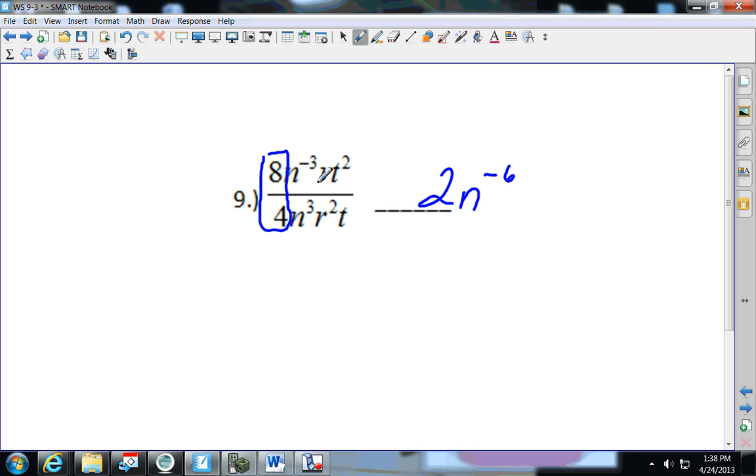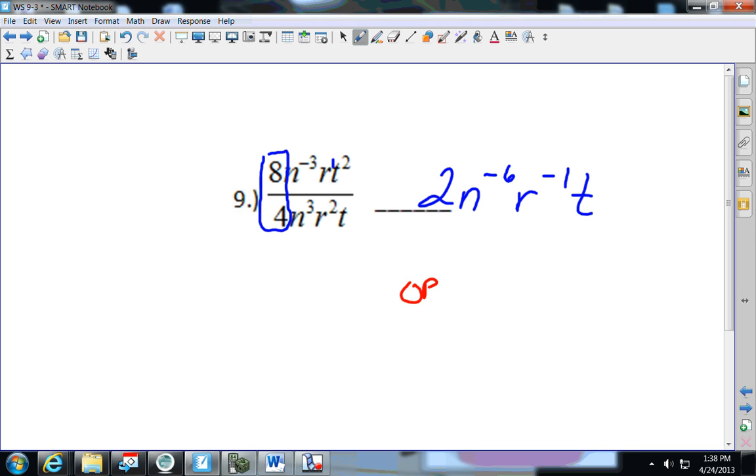Now, the r's, 1 minus 2 is r to the -1. T, 2 minus 1 is just a positive t, positive 1. Okay? Here is one of the ways that your answer could be written.